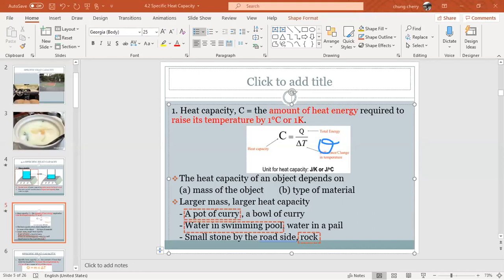So if you compare these two, aluminium and plastic, which will have the smaller heat capacity? Same, aluminium. Others?